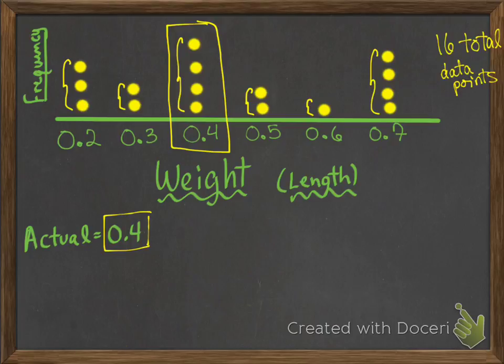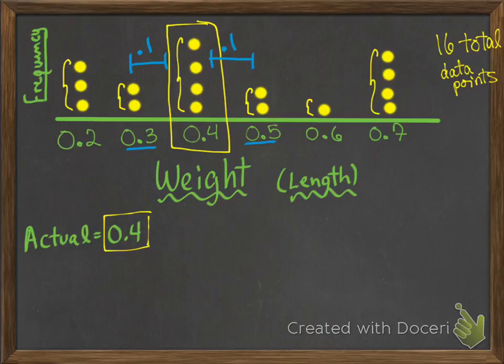So what you do is you're looking how far away all of these are from the actual. So we know that 0.3 is 0.1 away from 0.4. And on the same side, 0.5 is also 0.1 away from 0.4. So the percent error for 0.3 and 0.5 are equal to each other because they have the same range.